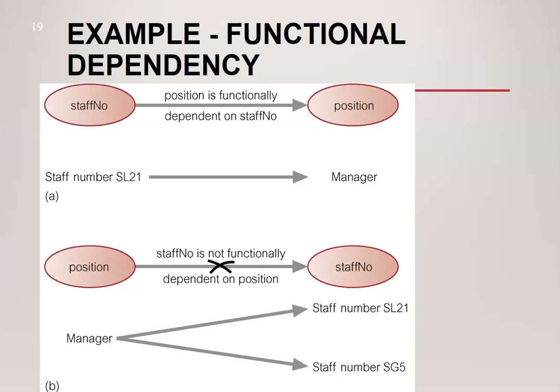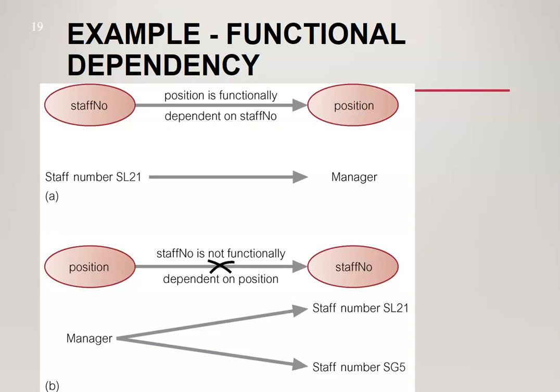If you have a registration number 0112X, etc., it will correspond to only one name, let's say Fred. But Fred cannot determine the registration number. Why? Because there are many students in the class who are called Fred, implying that they will have different registration numbers. So the name will not determine the registration number, but registration number determines the name.